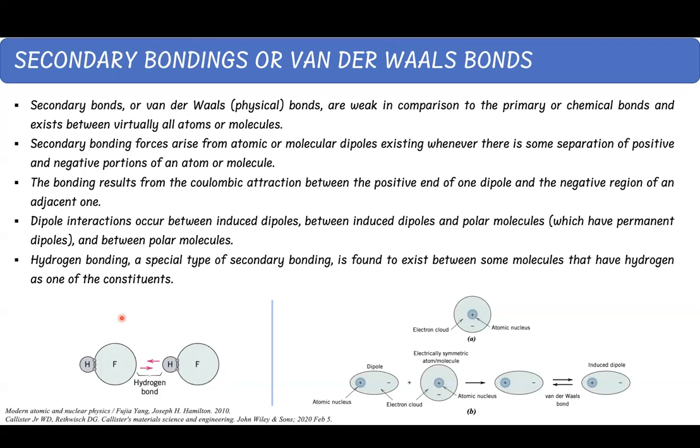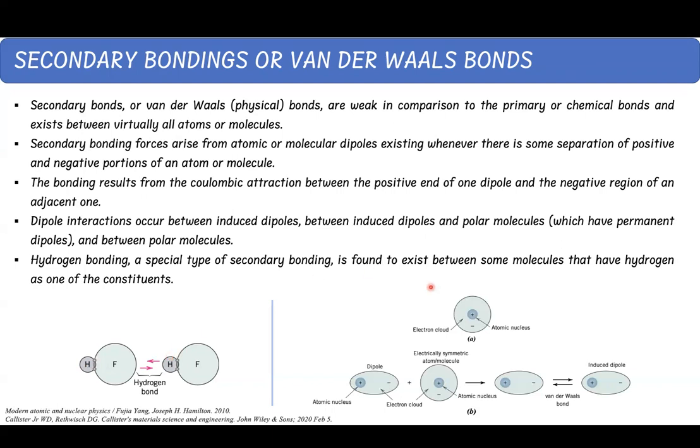Hydrogen and fluorine form a bond, and on the hydrogen side it will be positive because its electron is shared with fluorine, and fluorine, which has a lot of electrons, will be negative. This negative side and this positive side will form a hydrogen bond. This is what we call secondary bonding, generally.